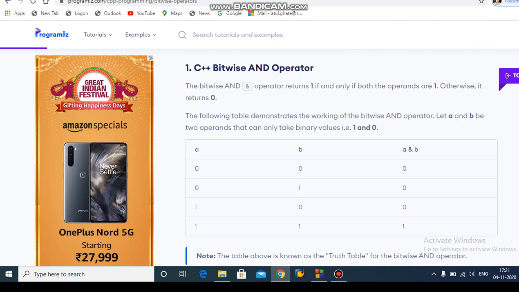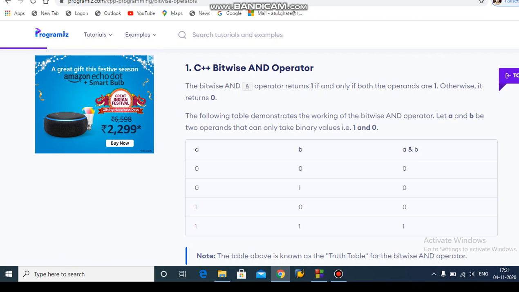The bitwise AND operator returns 1 if and only if both the operands are 1, meaning if both conditions are 1, that is true, then the bitwise AND gives output 1. Otherwise it returns 0. The following table demonstrates the working of the bitwise AND operator. Let A and B be the two operands that can only take binary values.